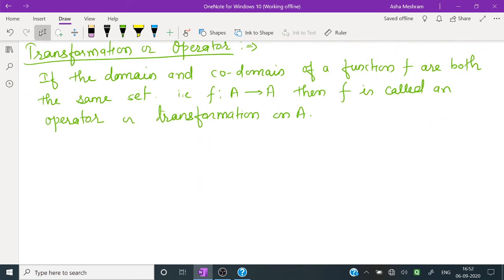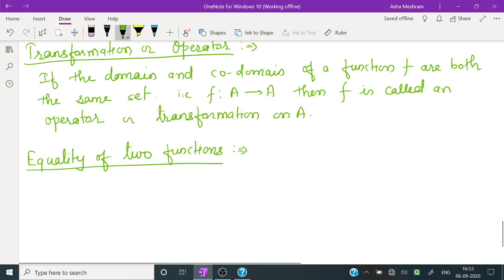Next definition, equality of two functions. So what is meant by equality of two functions? We have to define two functions there.